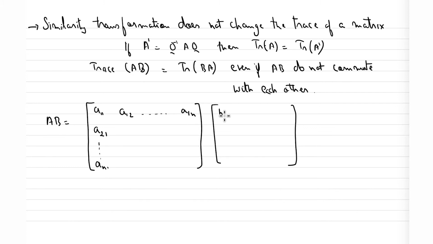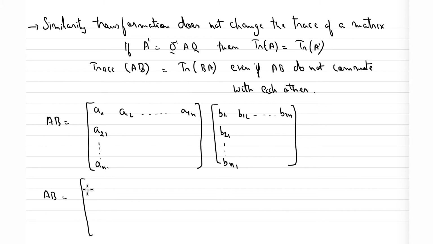Similarly, we can write this as B11, B12, B1N. So I'm just writing a general matrix AB, B21, Bn1, right?